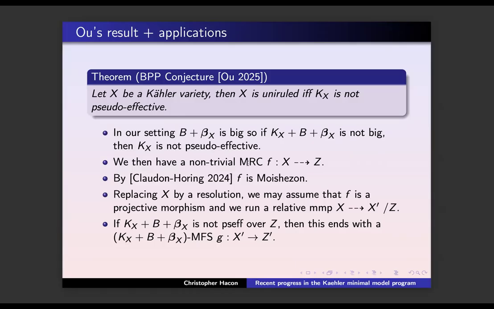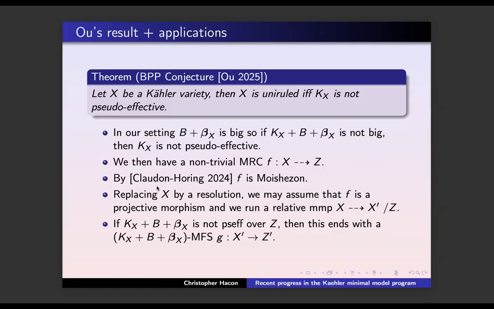But then we have a non-trivial rationally connected fibration, let's say f from X to Z. And by a result of Claudon and Höring, this is actually a Moishezon map, meaning that you resolve the singularities and blow up a bit, and it becomes a projective morphism.